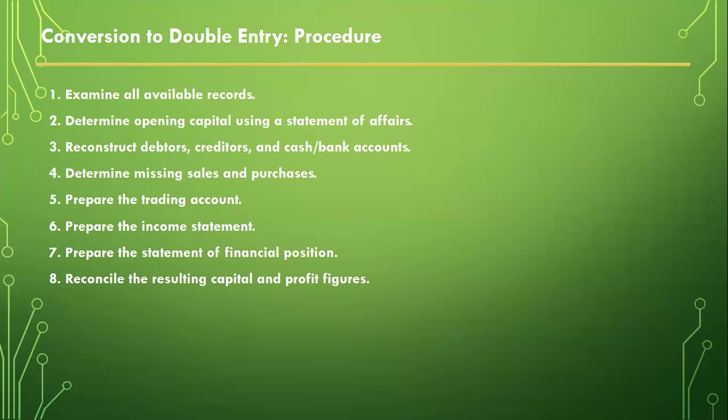There are some adjustments expected of you to carry out under your debtors, creditors, cash, and bank. And you are also expected to determine every missing sales and purchases, for you to have a good final account. Then you can say, okay, I can proceed to preparing my trading account, my income statement, and my statement of financial position.